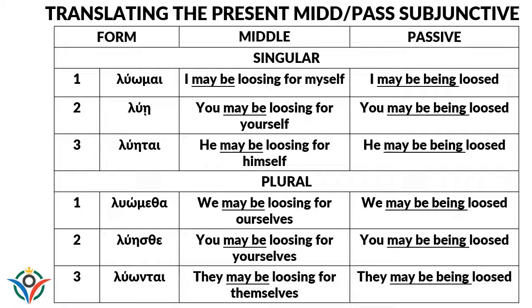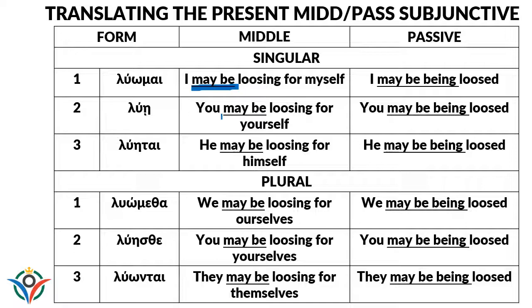Let's learn now how to translate the present middle passive subjunctives. As you can see here, the forms are the same for both voices. So let's begin with the middle voice and then move on to the passive voice. So the first person singular, luomai, with the middle voice we would translate as I may be loosing for myself.